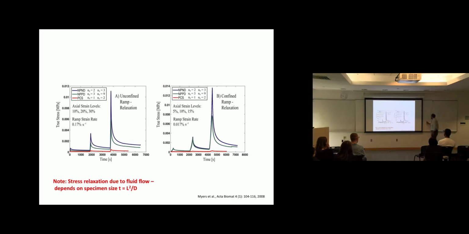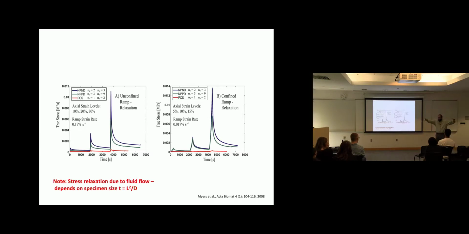Now, if your sample size is L, and this is your diffusion constant D, then L square divided by D is the characteristic time scale for this relaxation. If your sample is small, fluid can flow out fast, it will relax fast.